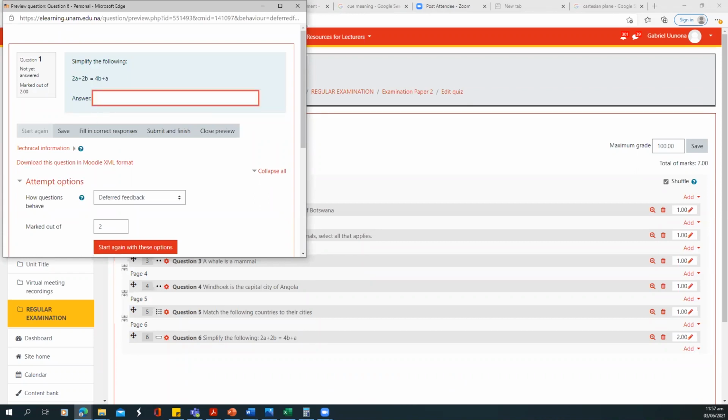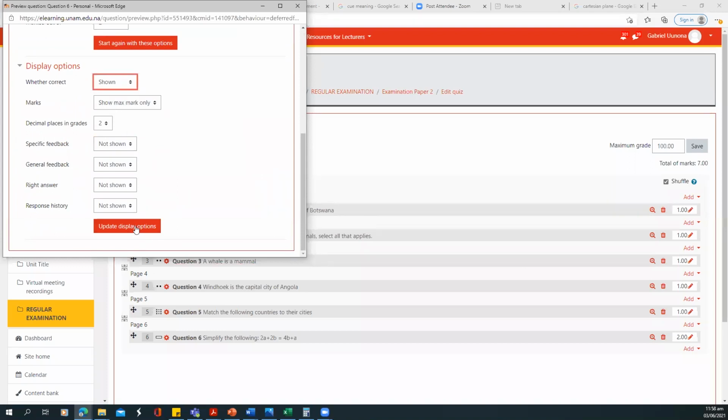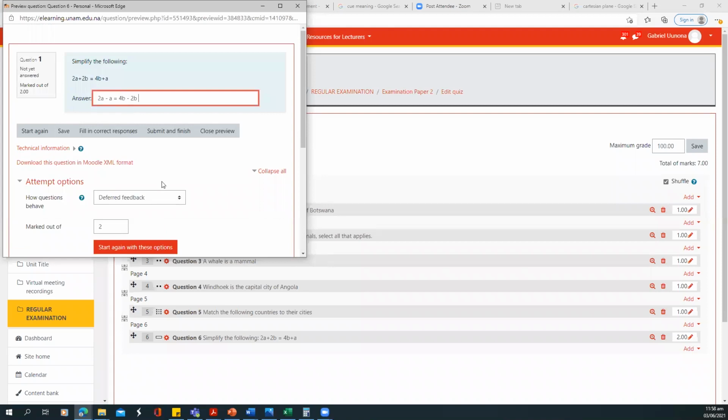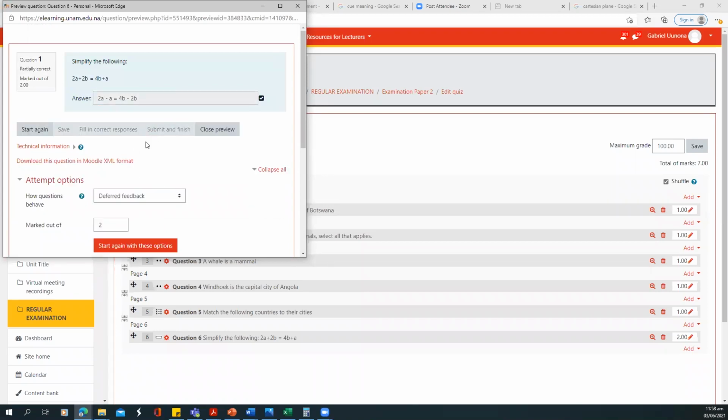If I put 2A minus A equals 4B minus 2B, I just want to take care of this quickly so that it shows me it is partially correct, because I have indicated that this can only be awarded 50%.